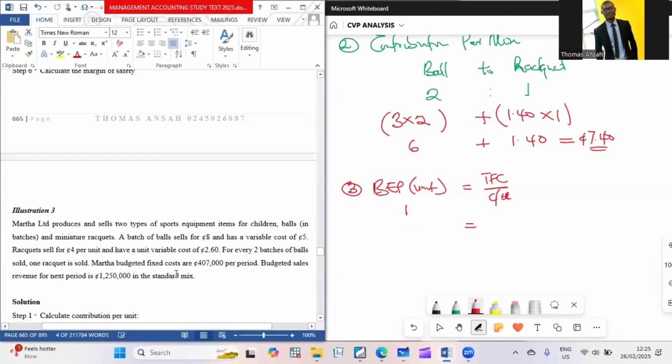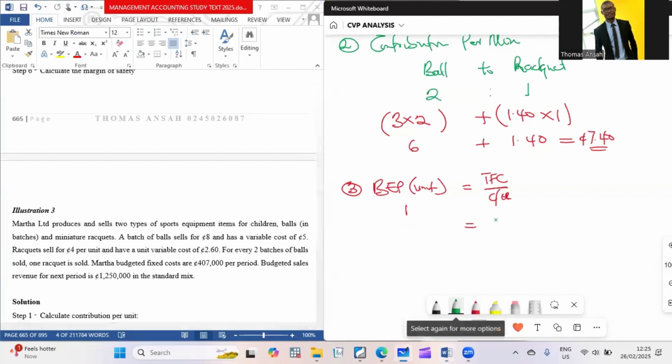How much was that? 407,000. And this is for the mixes. So there is a concept of weighted average here, and that is what you have done here. Contribution per mix. So if we want to know the break-even in units, we are using contribution per mix.